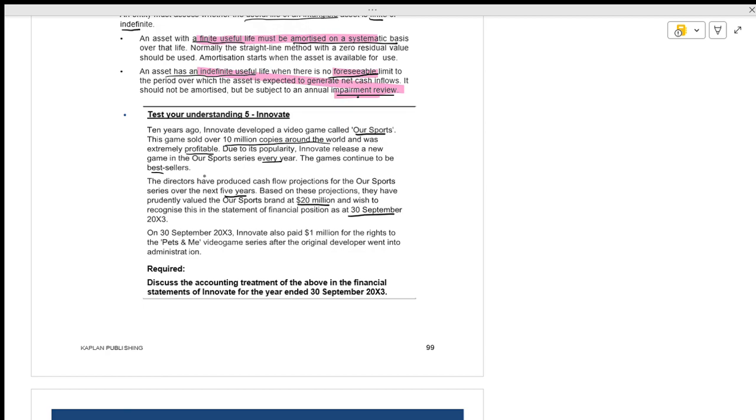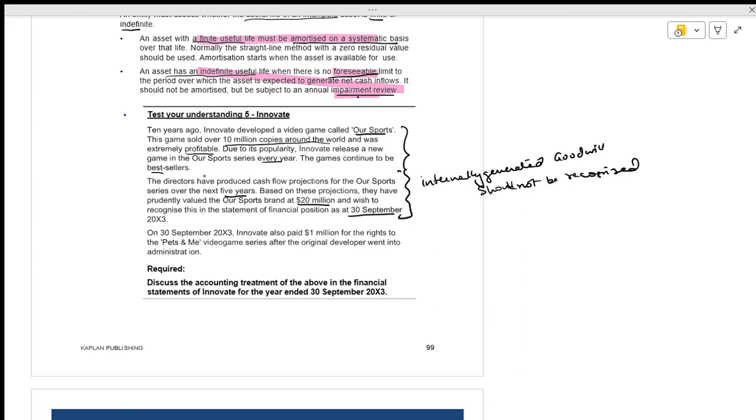See, this is internally generated goodwill. Very simple, it should not be recognized. It cannot be recognized.